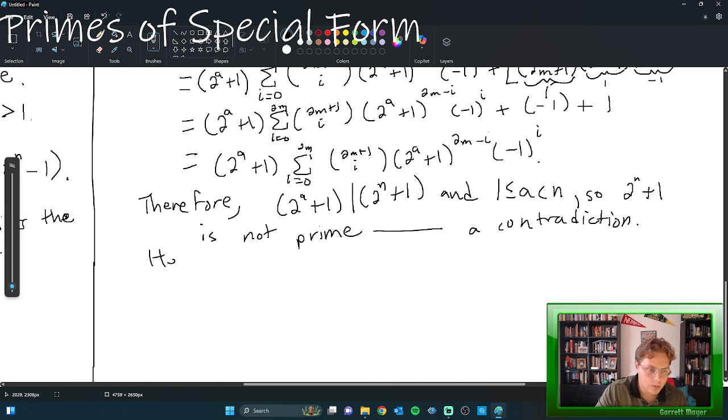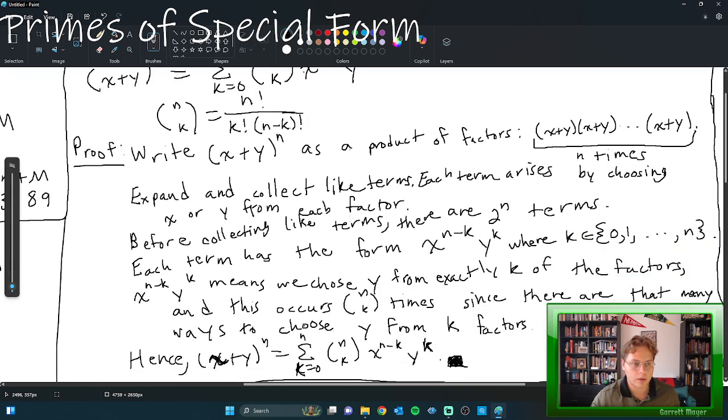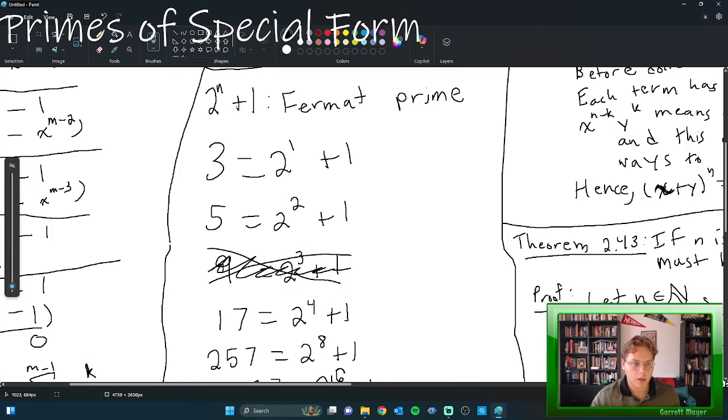Hence, n is a power of 2. And this ultimately means that for all Fermat primes that take the form 2 to the n plus 1, n must be a power of 2.